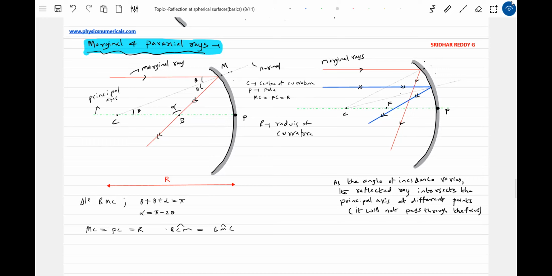Now let me apply the sine rule. So what can we write for BC?